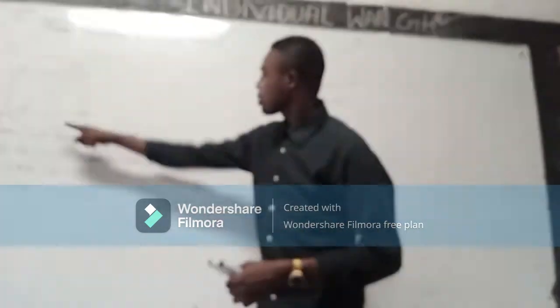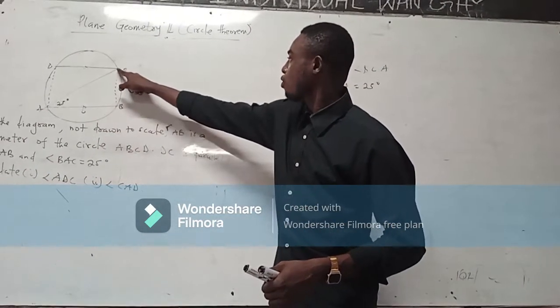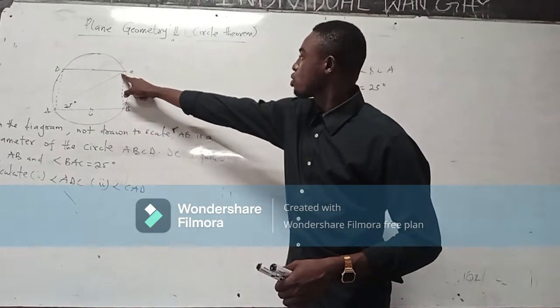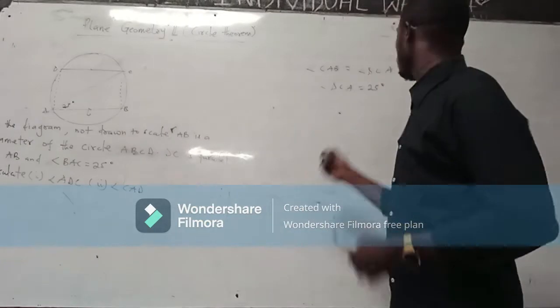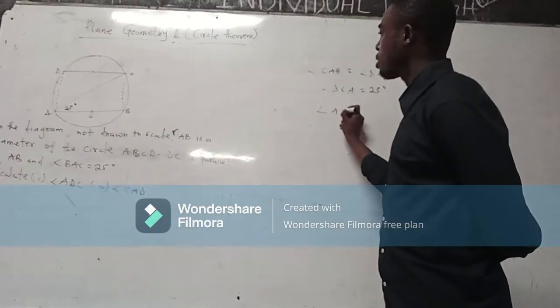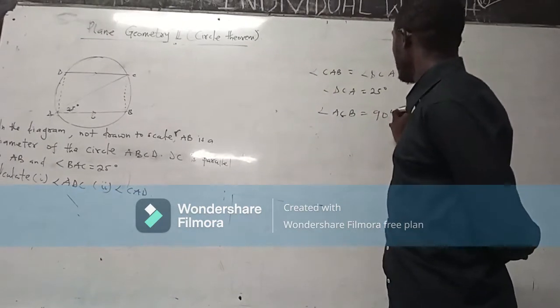Now, let's apply what they say about the diameter. If this one is the diameter and the angle is formed at the circumference of a circle, it means that here is going to be 90 degrees. So angle ACB will be equal to what? 90 degrees.